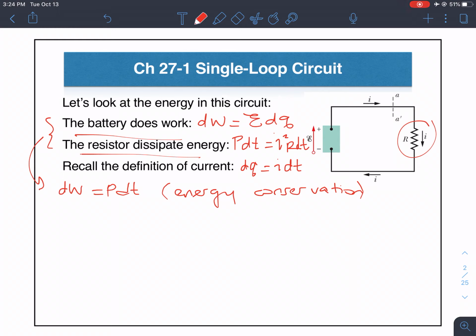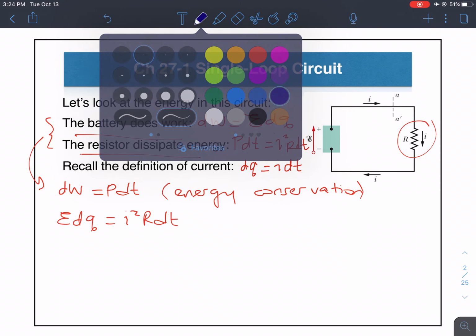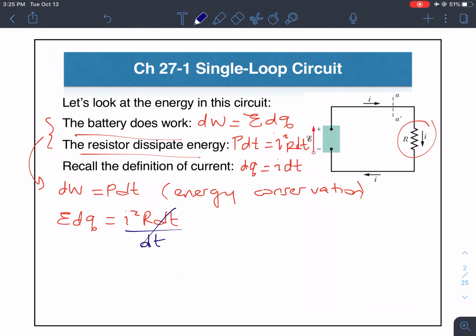So what we say then, for dW, we have E, which is EMF, times dQ from the first equation. And on the other side, we have I square R dt, right? So what we're going to do is get rid of dt. So we are dividing both sides by dt. So these two will go away.